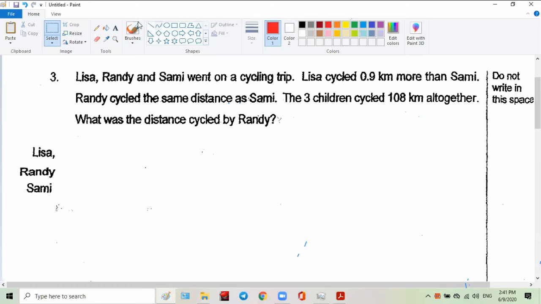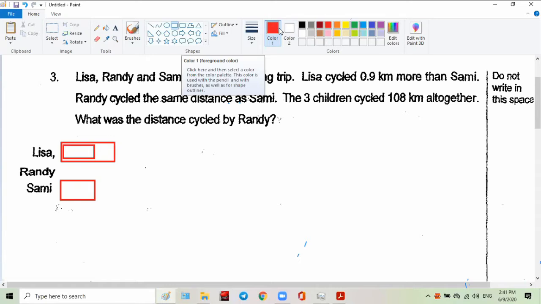If Sammy is 1 box, Lisa will have 1 box plus 0.9. Can you understand? When you have a unit, you have a unit.